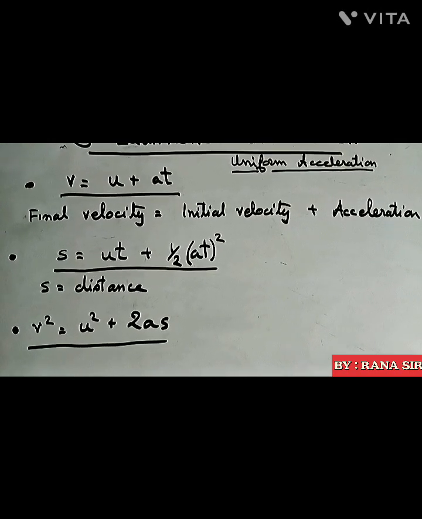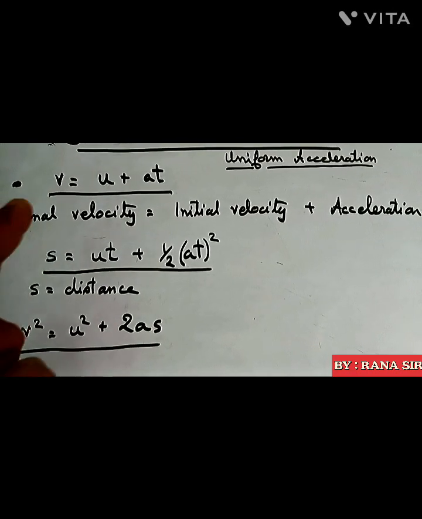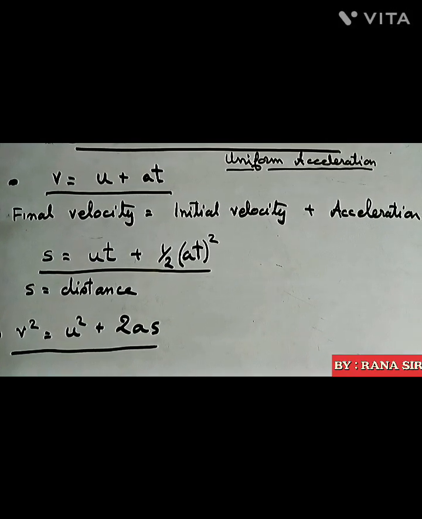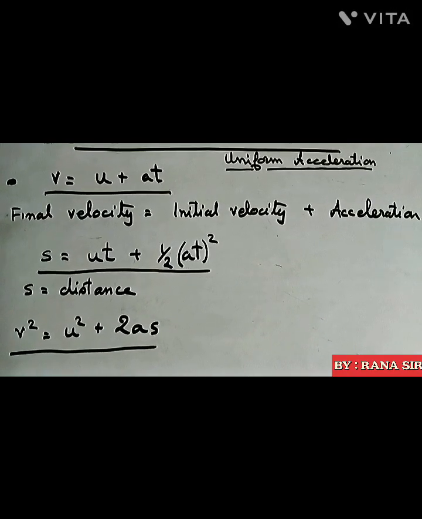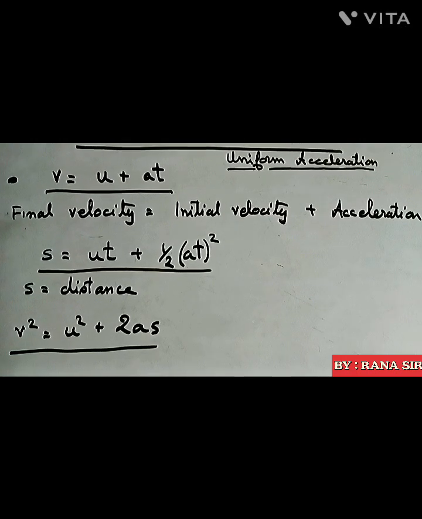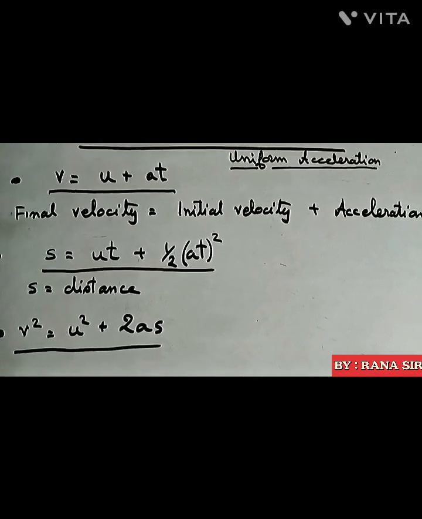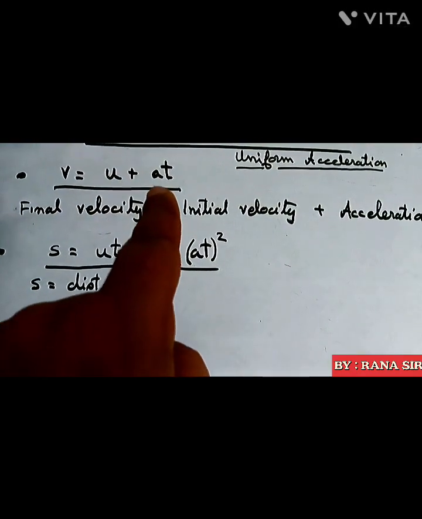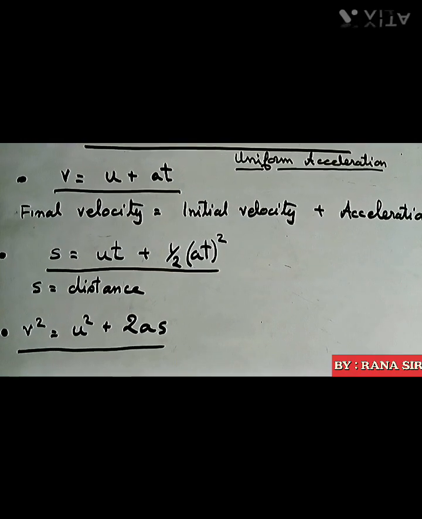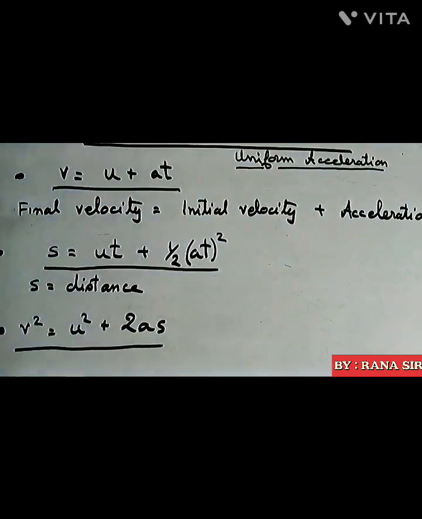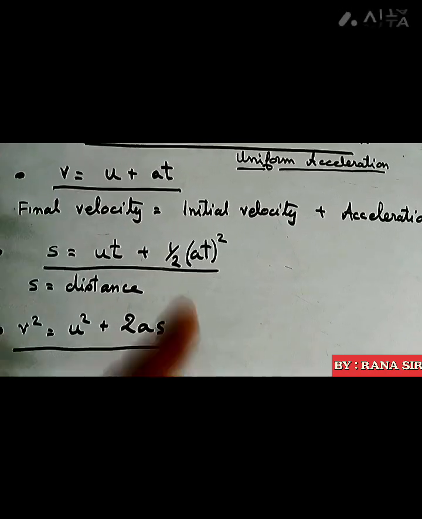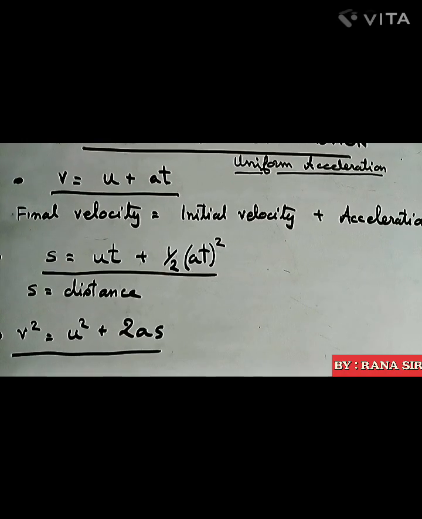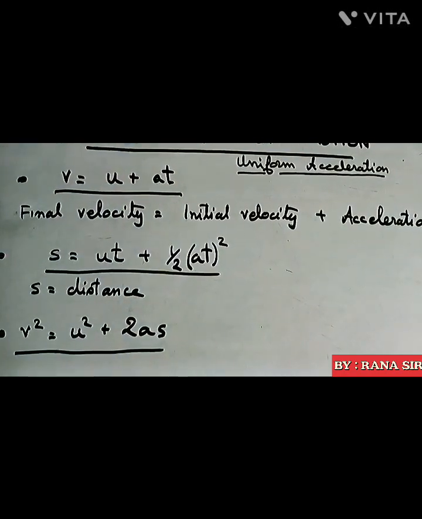What is the outcome of these equations? Based on these 3 equations, mathematical problems will be given and you need to find out the missing part. For example, final velocity equals initial velocity plus acceleration into time. If we have to find the initial velocity, and final velocity, acceleration and time have been given, we can easily find it by putting those in the equation.